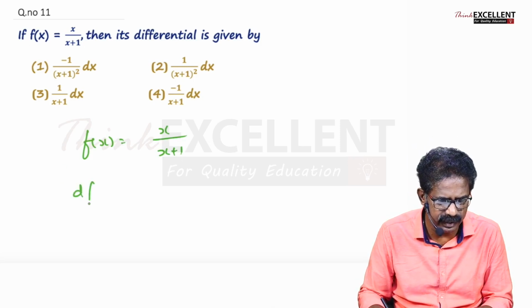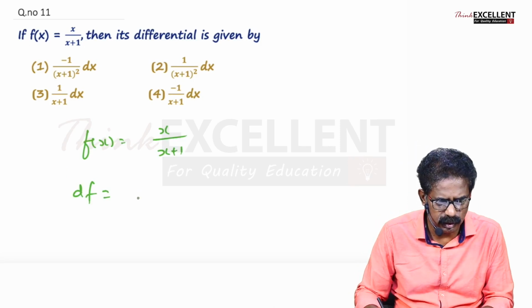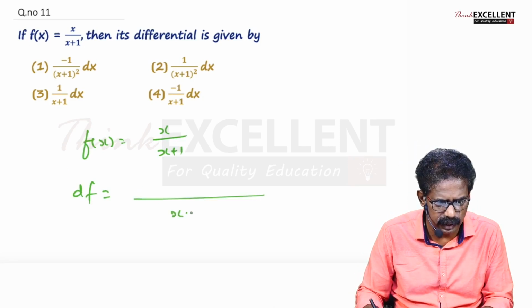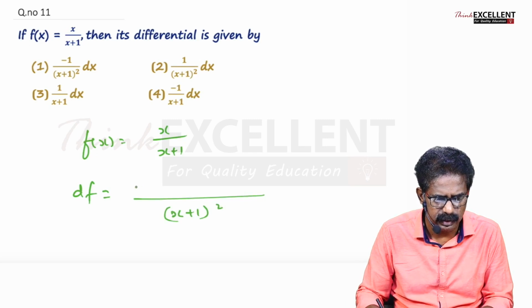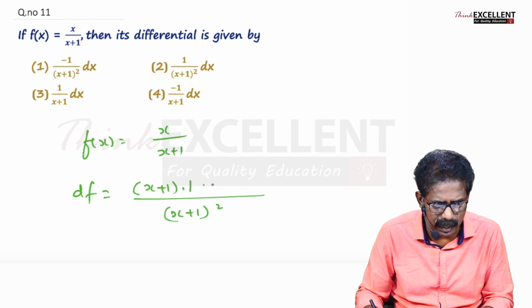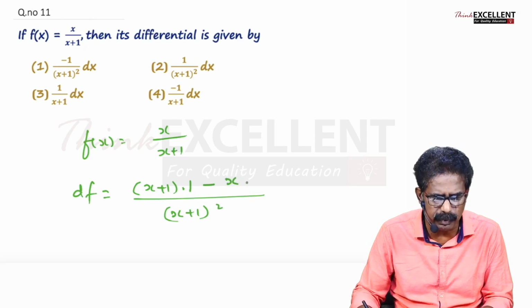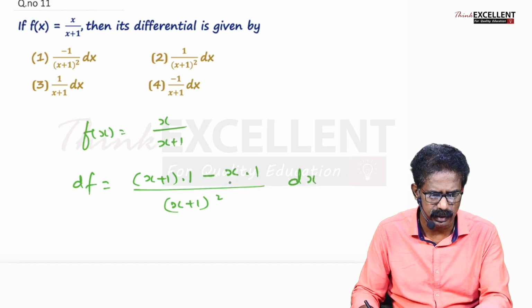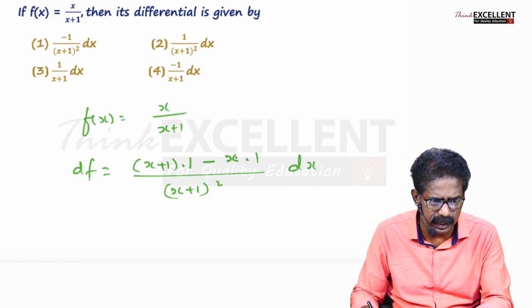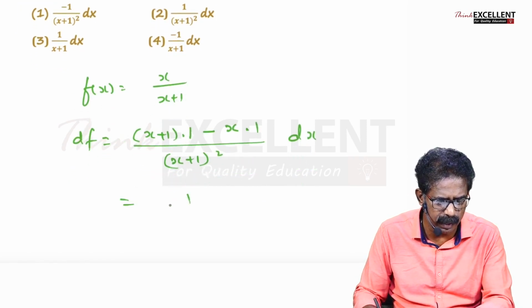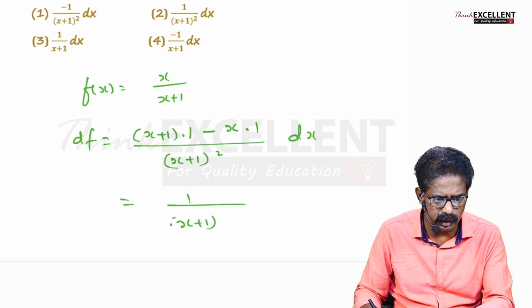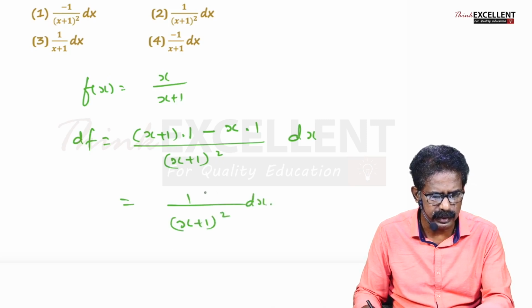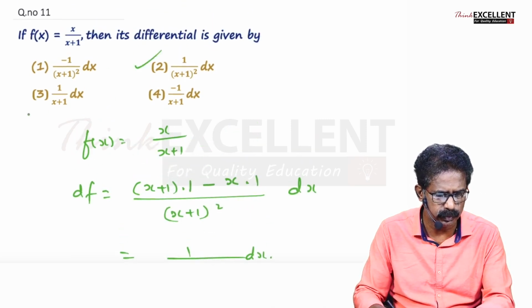So df is equal to, by the quotient rule, (x plus 1) into u dash, x derivative 1, minus numerator into denominator derivative, x derivative 1, derivative 0, right, into dx. Here plus x and minus x cancel, so we are getting 1 by (x plus 1) the whole square into dx, and that is option number 2.